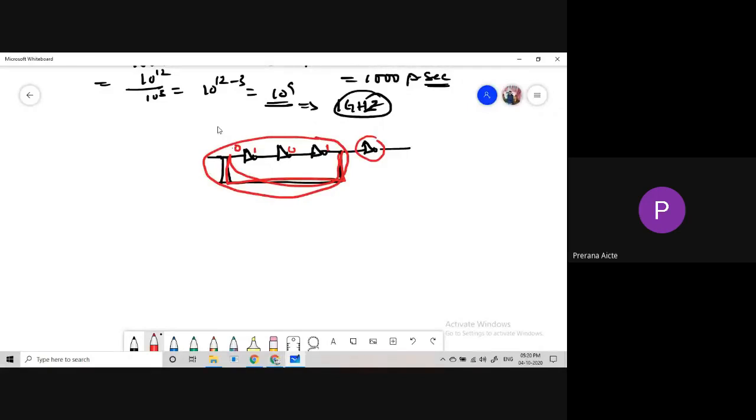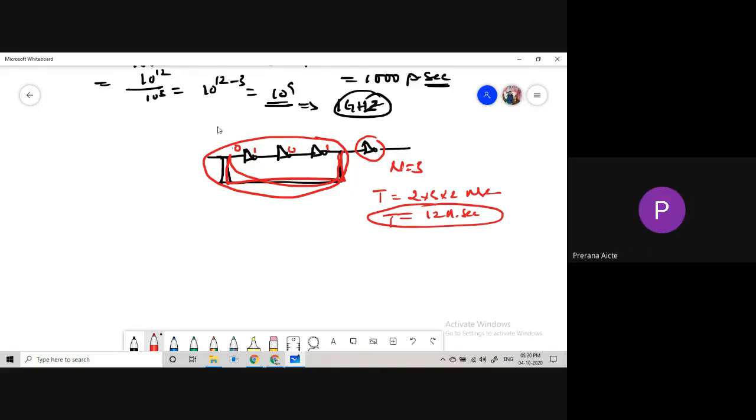So for the following figure, how many NOT gates are used for generating the square wave? 3 NOT gates. So capital N is equal to 3 here, and capital T is equal to 2 into 3 into 2 nanoseconds. The final answer is 12 nanoseconds. Is it okay?